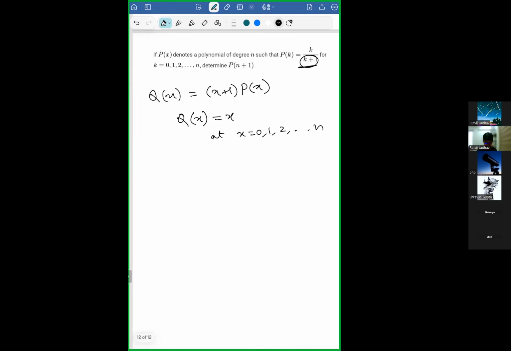I think it is more beneficial if you just put a minus x here, right? So then we would have that Q of x is 0.